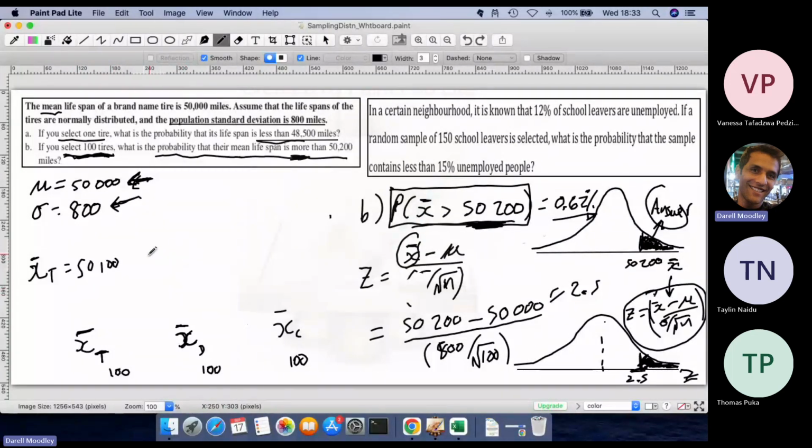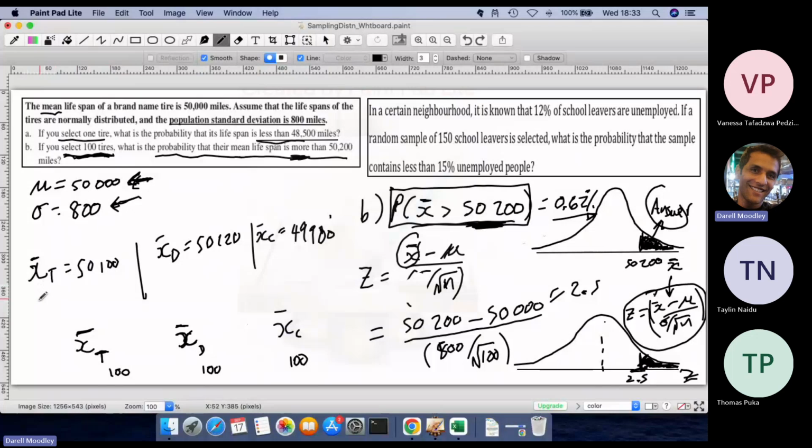If you do the same thing for mine, you take all 100 tires in my sample and average it, and you got a value of, let's say, 50,120. And same for person C. You're getting the idea here. That person's average was, let's say, 49,900.